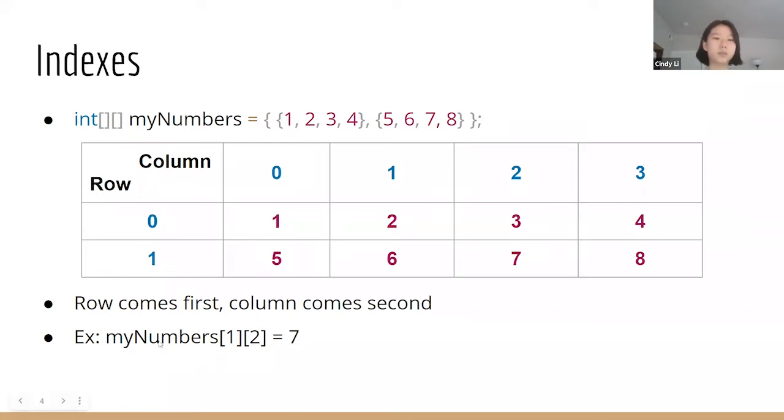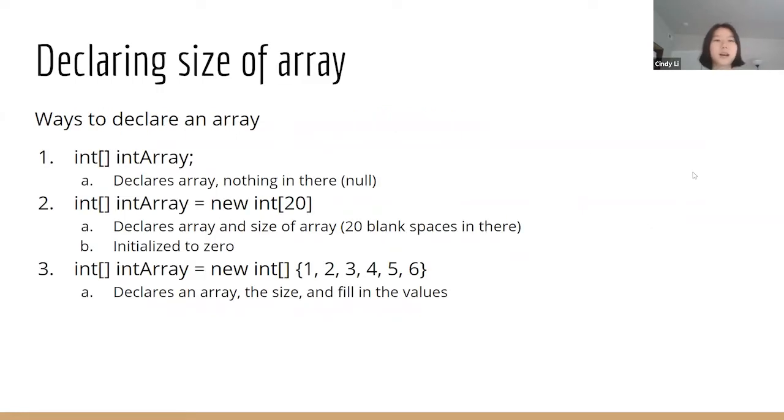So for example, when I want to access the 7, I will type out System.out.println and my numbers, bracket 1, bracket 2. And then when I hit run, that would print out the number 7. It's very similar to how we would access a 1D array.